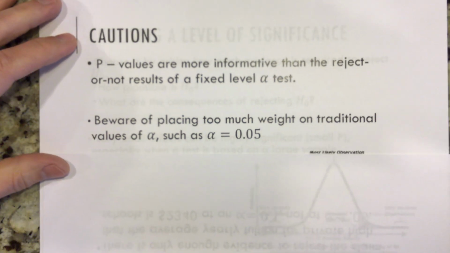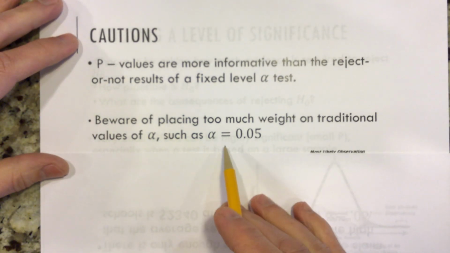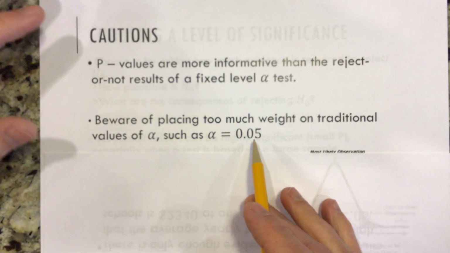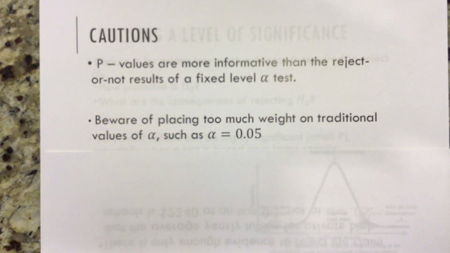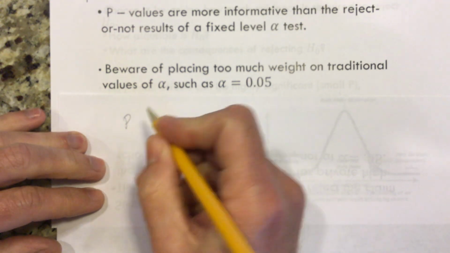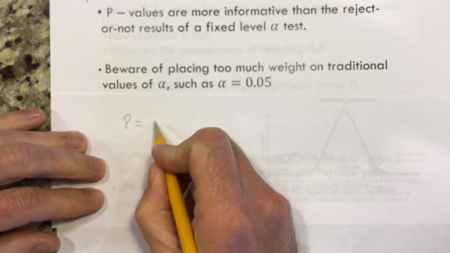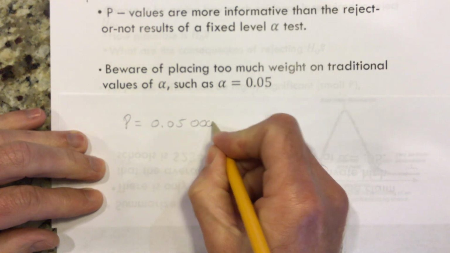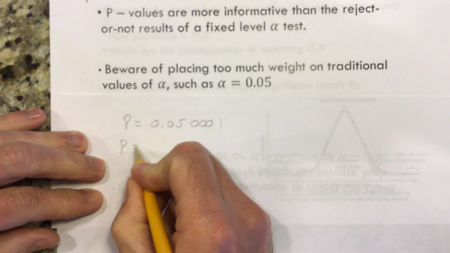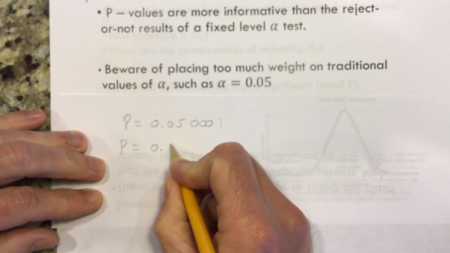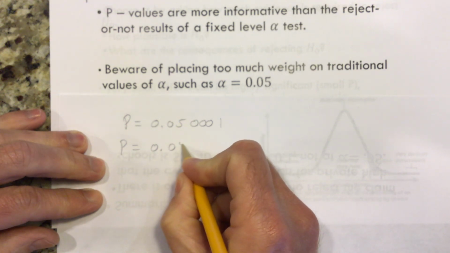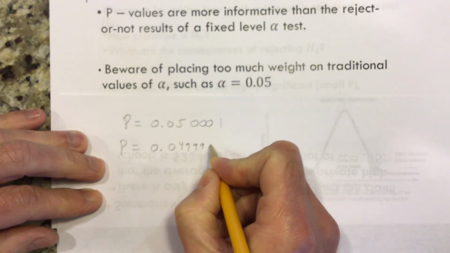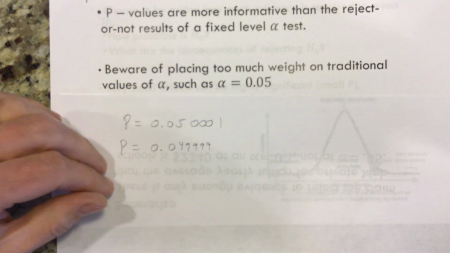So again, let me stress, don't say 5% is the be-all, end-all, because let's talk about that for a minute. Let's say I have these p-values. Let's say I have a p of 0.050001, and I have a p-value of 0.04999, and throw another 9 in there.